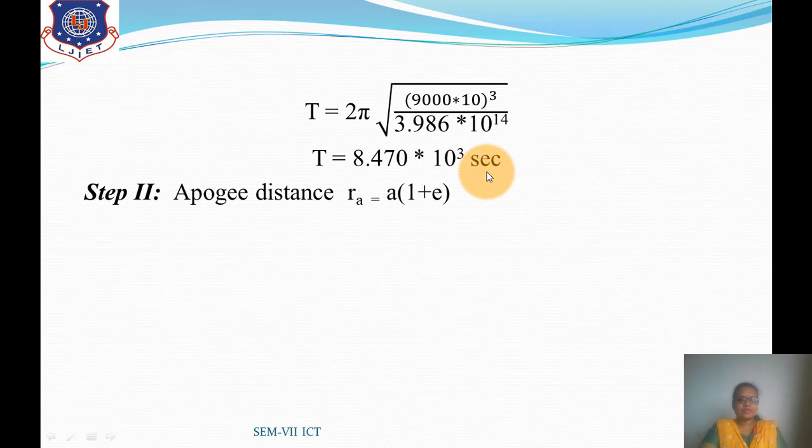Now second, we need to find the apogee height. For that, we first find the apogee distance, Ra. Ra has the formula a into (1 plus e). Substituting the a value and the eccentricity value, 0.15, we get Ra equal to 10350 km.